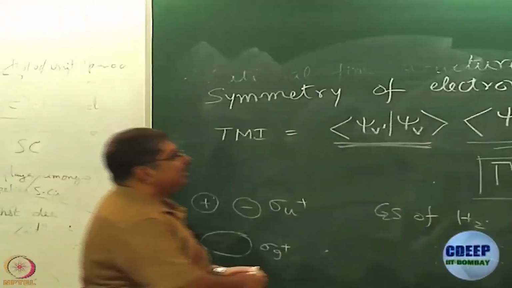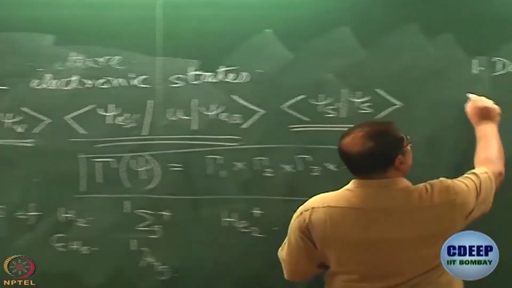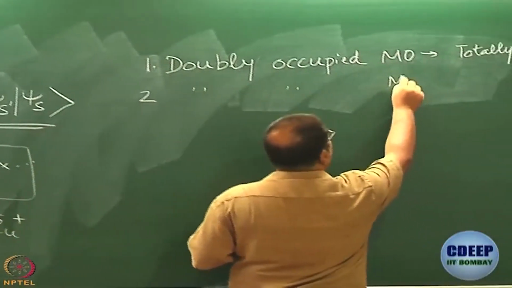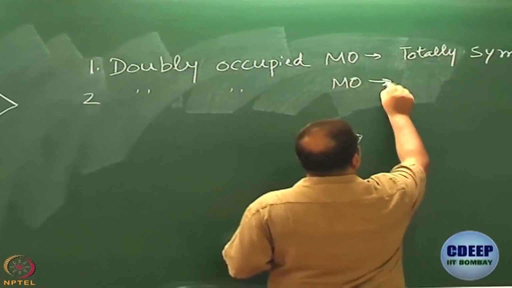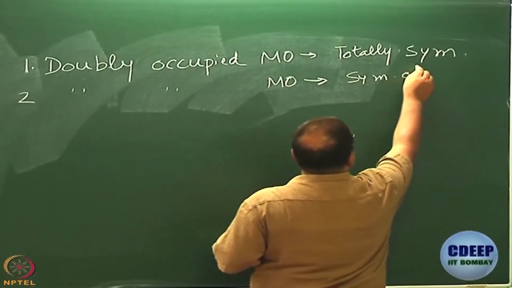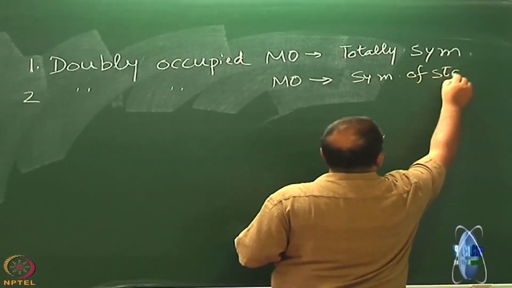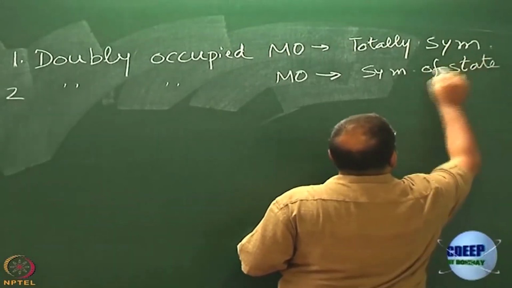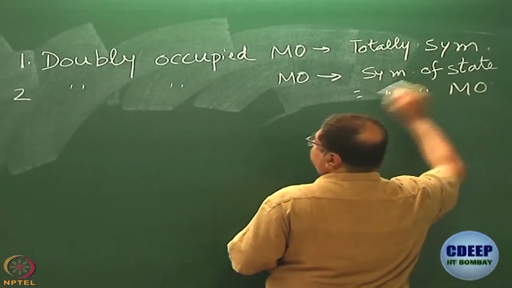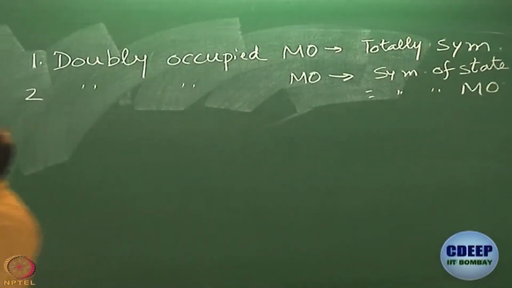Okay. So this is rule number 2: for a singly occupied MO, the symmetry of the state is the same as the symmetry of the MO.